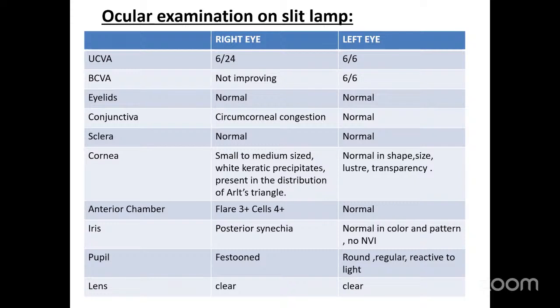Ring synechiae, yes. So what happens? It will be between the iris and the lens. So how does it give rise to a secondary angle closure glaucoma? It will lead to iris bombe formation, and eventually it can lead to the closure of the angles. Okay. Then what is a total posterior synechiae? How is it different from a ring synechiae?